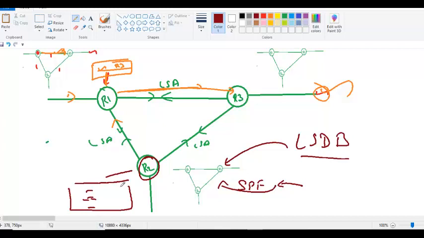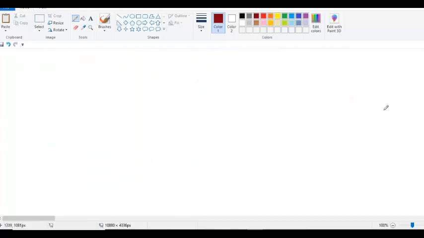What is the metric of OSPF? What is the metric of EIGRP? Can someone say? I'm asking the metric.